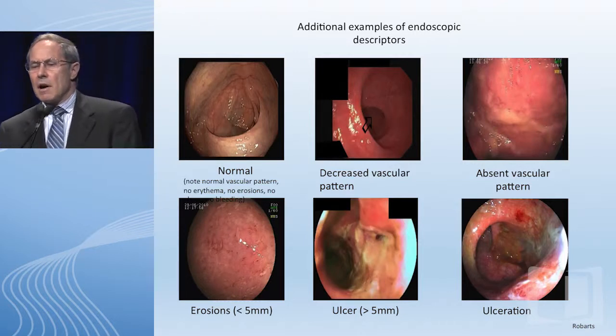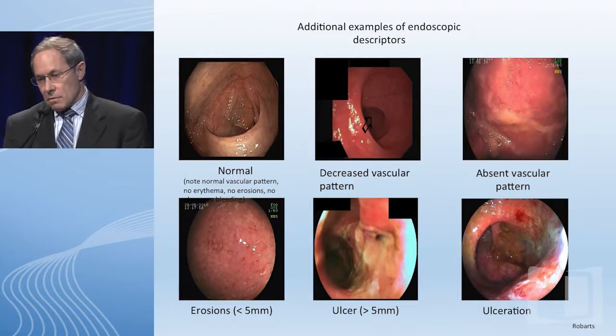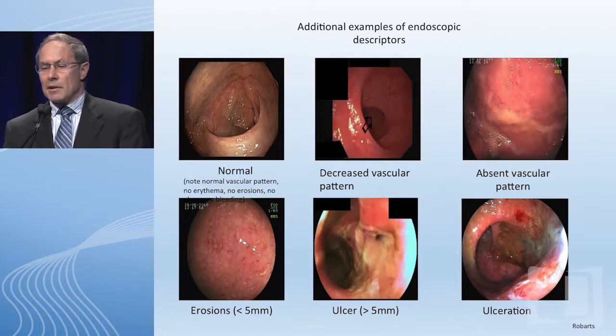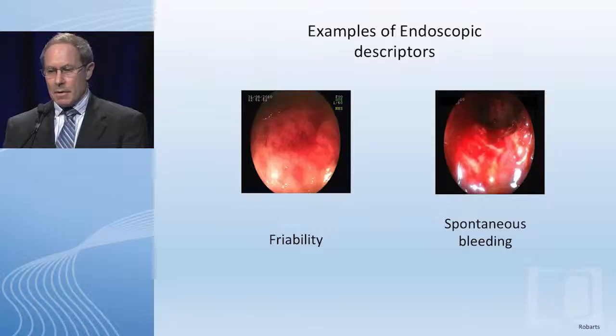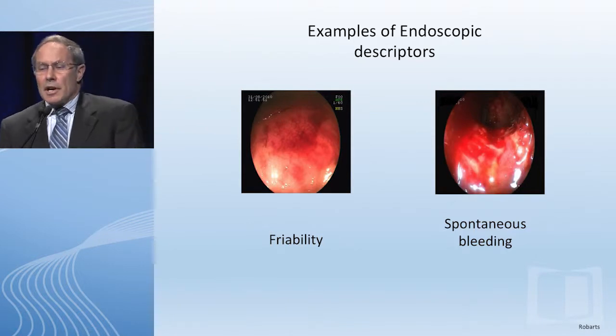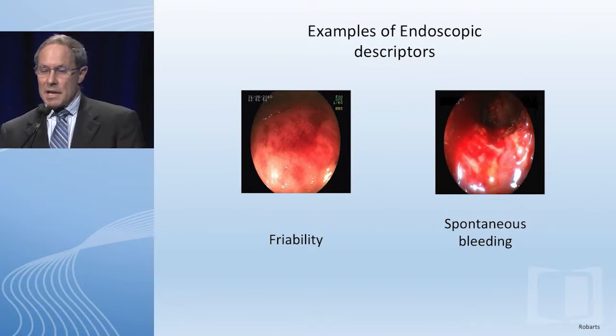Additional examples of endoscopic descriptors include decreased vascular pattern seen in the middle, absent vascular pattern on the right, erosions, ulcer, and more diffuse ulceration. And regarding bleeding, there may be friability, which occurs as a result of instrumentation, or there may be spontaneous bleeding seen here.